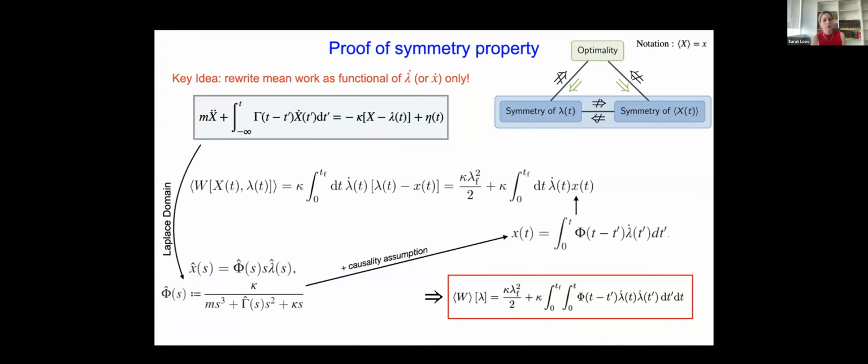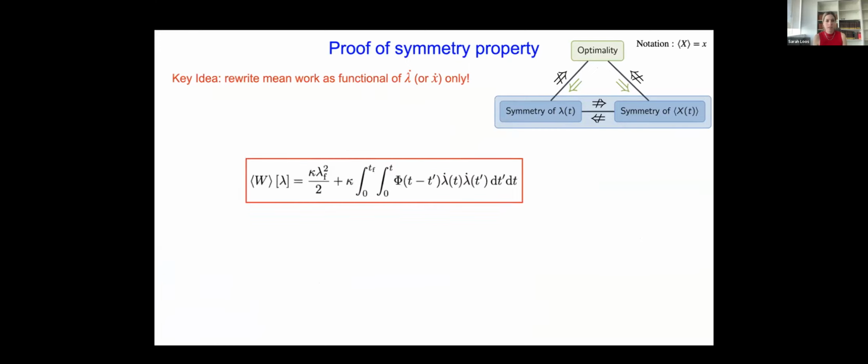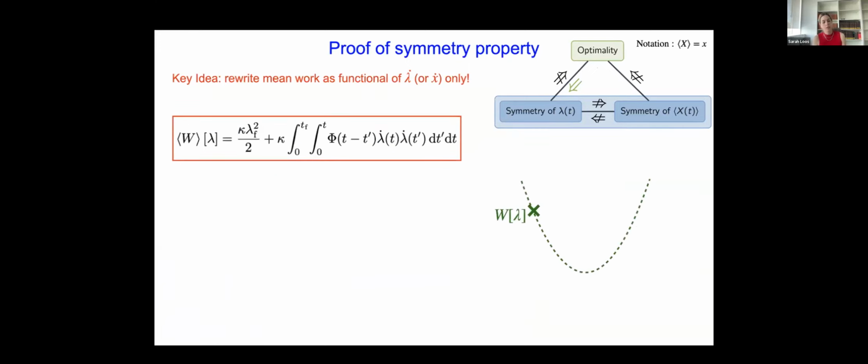So the main idea to prove that is to rewrite the mean work as a functional of only the protocol or only the mean particle trajectory, which here, for example, can be done by using just the response function formalism. And then you see that if you write the mean work as a functional of only the protocol, it's a quadratic functional in lambda dot.